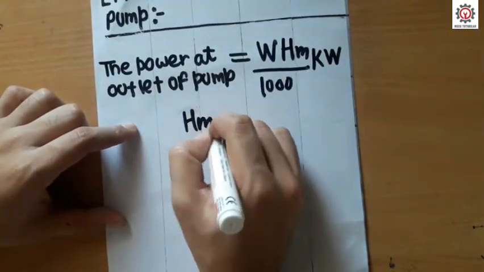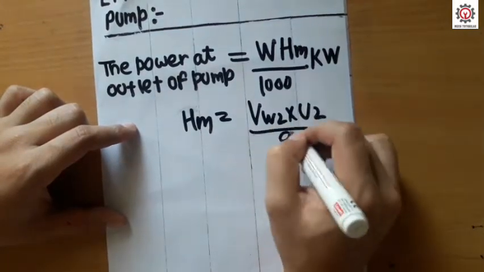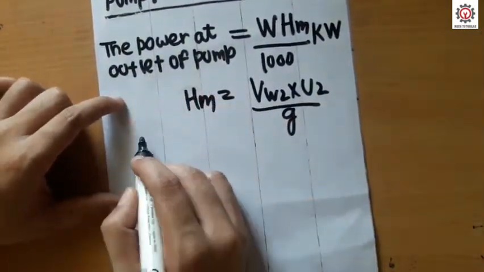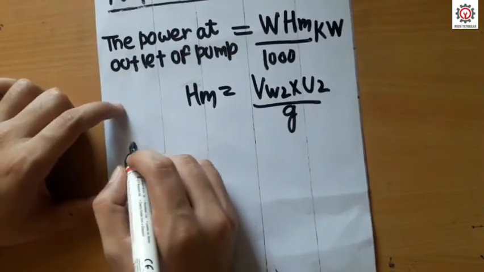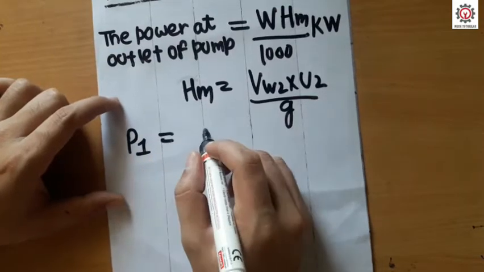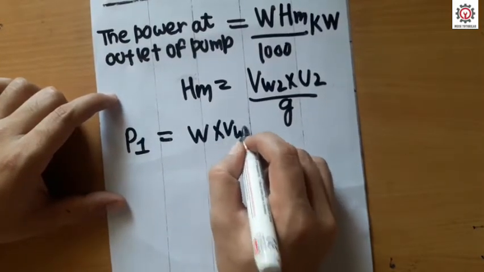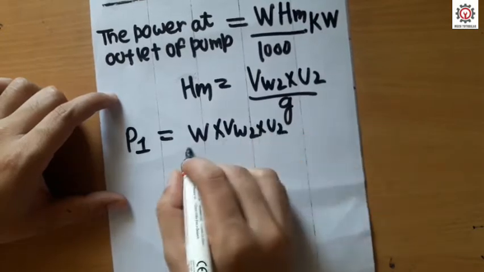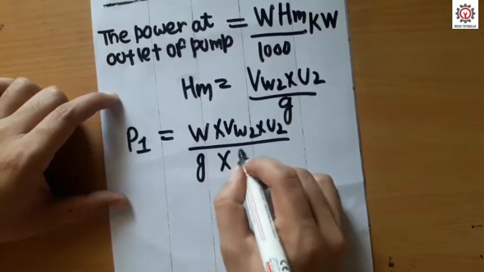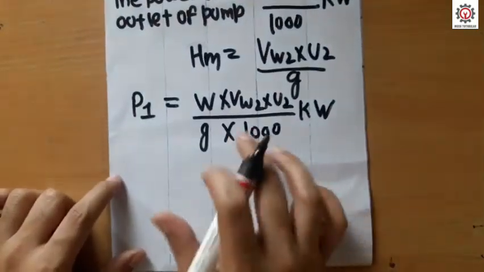We know that Hm is equal to Vw2 U2 divided by g. So this power at outlet, which we name P1, becomes W into Vw2 into U2 divided by g into 1000 kilowatt. We got the power at outlet.